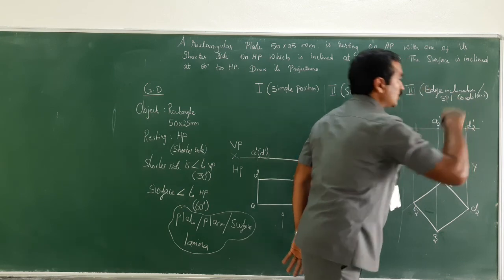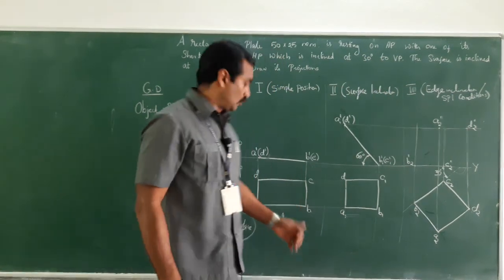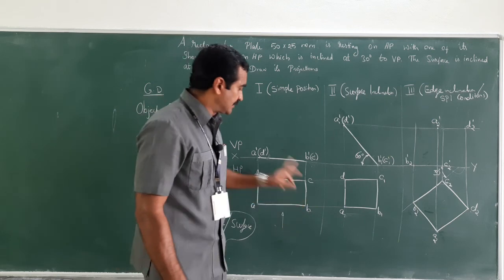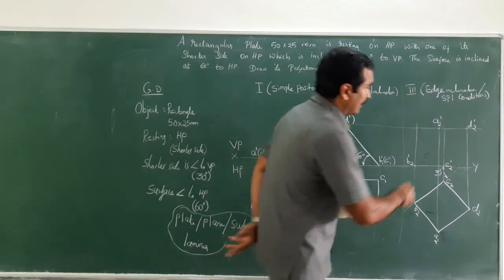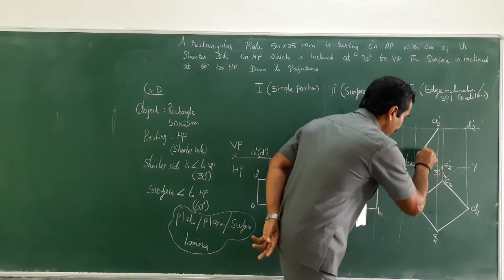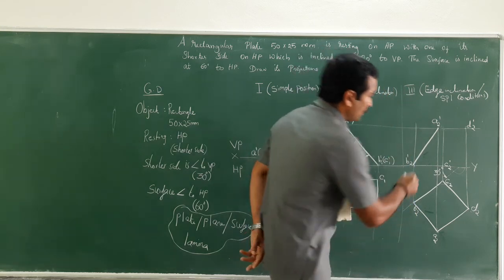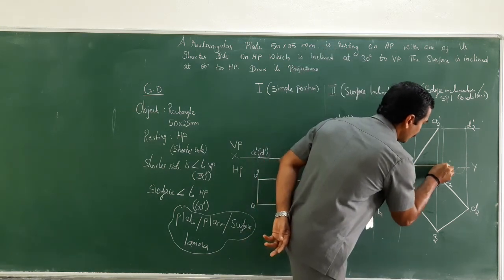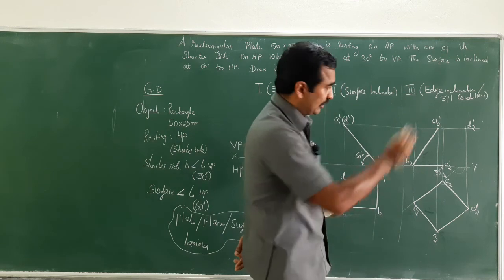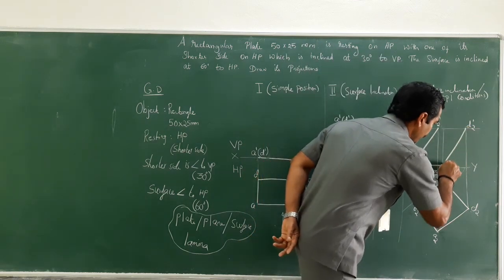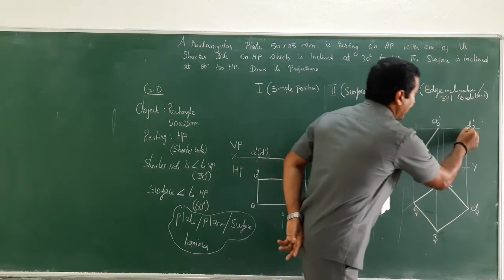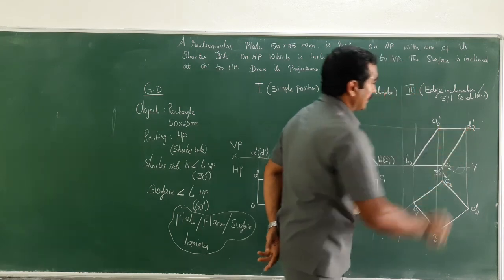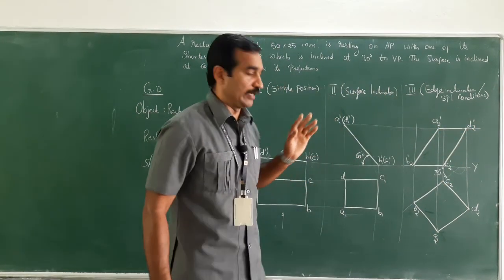This becomes D2 dash. So points started from A, B, C, D, right? So now connect the lines. A to B. Next, B to C. Next, C to D. Next, D to A. By doing so, you will get the final view here.